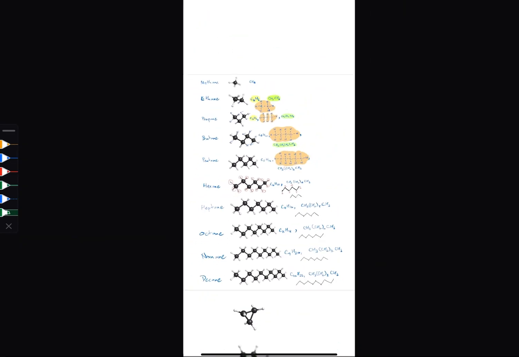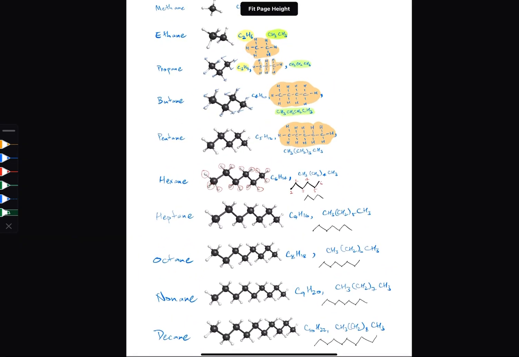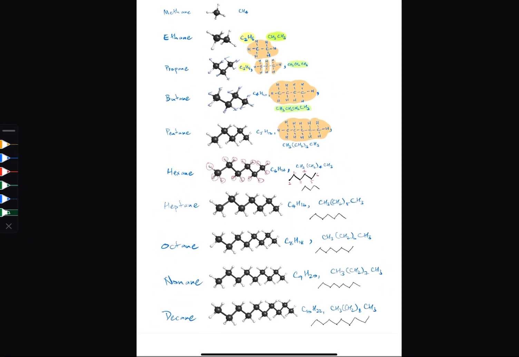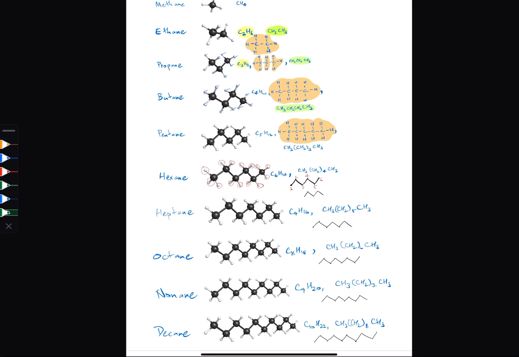Okay, so that is part 1, and you definitely need to learn these names, and you should also be able to represent any of these molecules using either the molecular formula, the structural representation, the condensed structural representation, or the skeletal form.